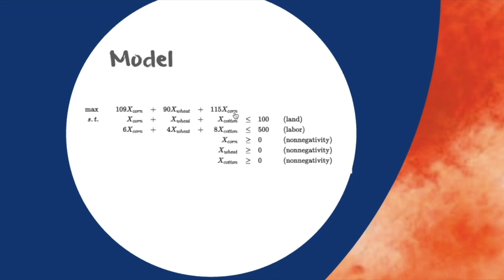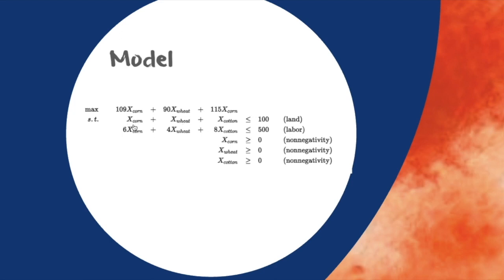X corn, x wheat, and x cotton are variables that we can decide, meaning how much corn, wheat, and cotton to produce. This is subject to land and labor constraints, of course.